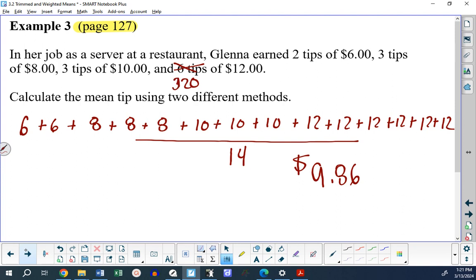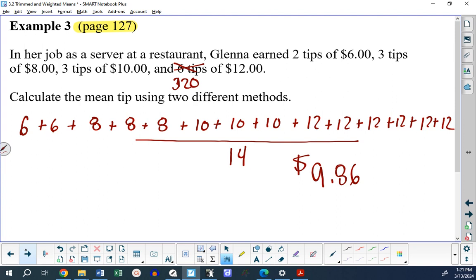What if it were 320 of those weeks you put in $12 each week? With this approach, you'd have to write plus 12, plus 12, plus 12, plus 12, plus 12, plus 12, plus... I'm not going to count them off to 320, but there would be a lot of them.